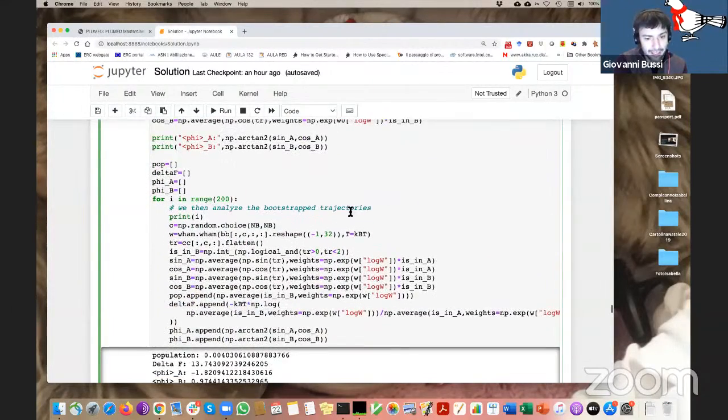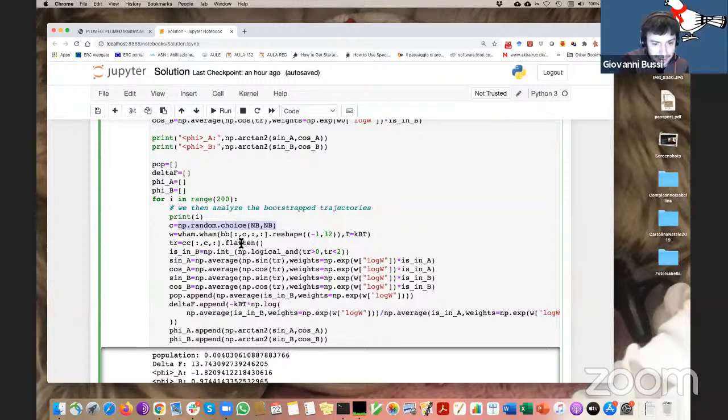Whenever I analyze this, you see that I select blocks based on this random choice. This random choice is done with replacement, so I might have the same block extracted twice, and some block that is missing, so some parts of some trajectory will be missing, and some parts will appear twice or 3 times.